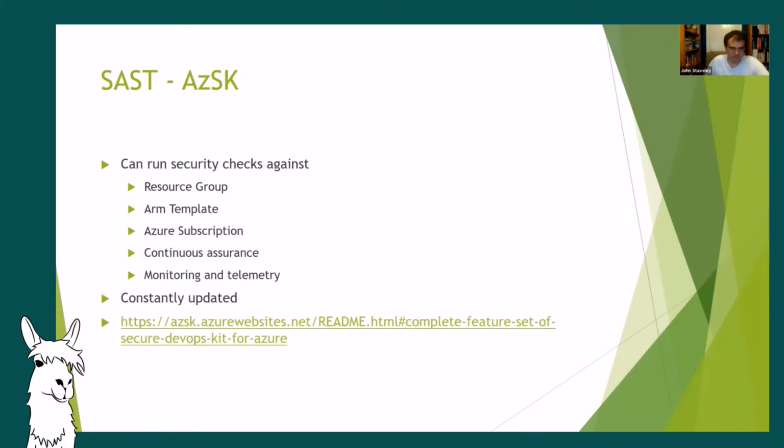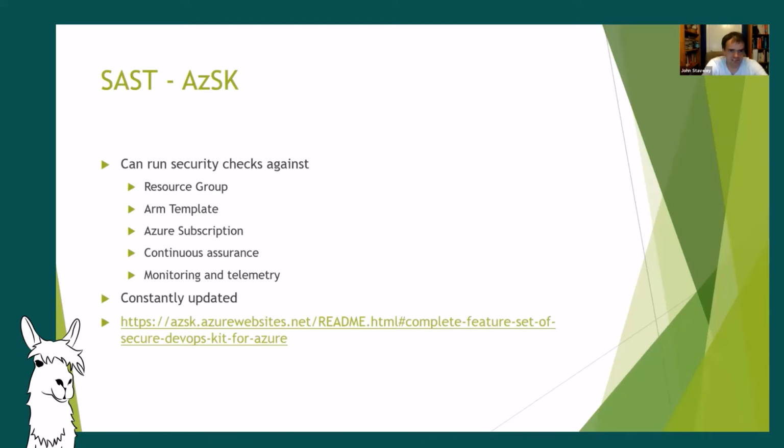So we've done a lot of code checking now, but we've got some deployed assets in the cloud. How do we know they're as secure as they possibly can be? Microsoft came up with a lot of security best practice from their security experts and came up with the AZSK, the Azure Security Kit.